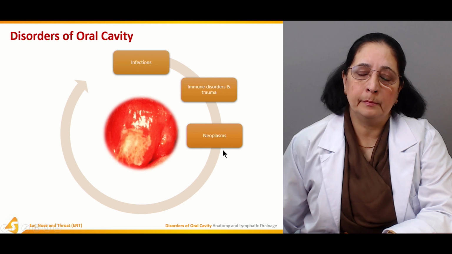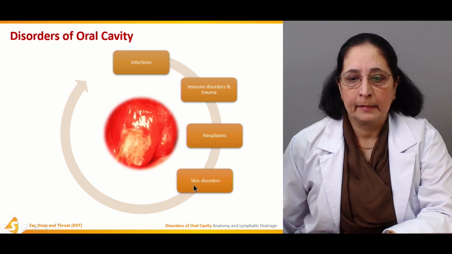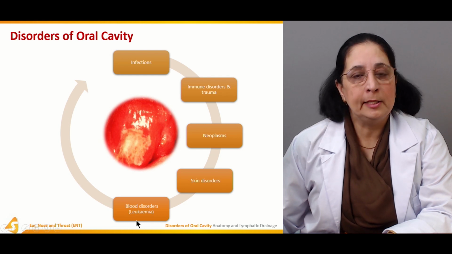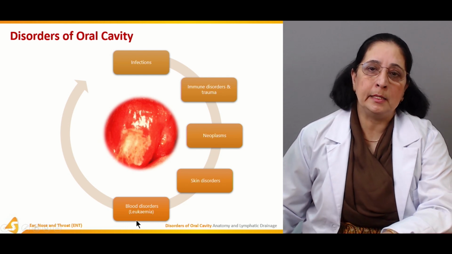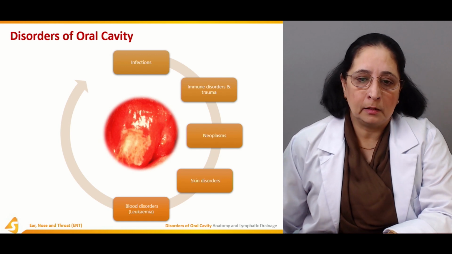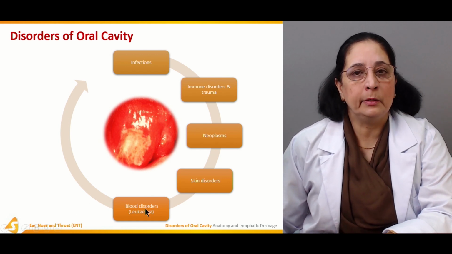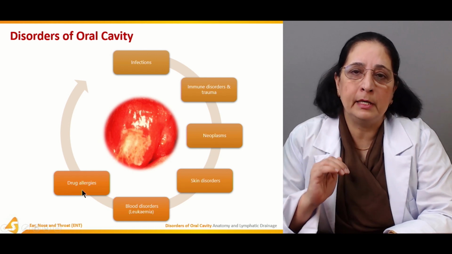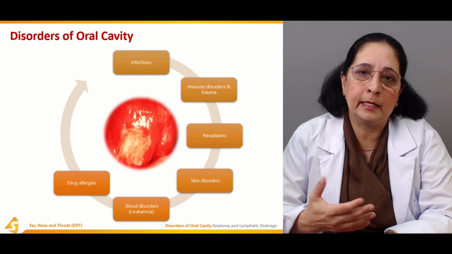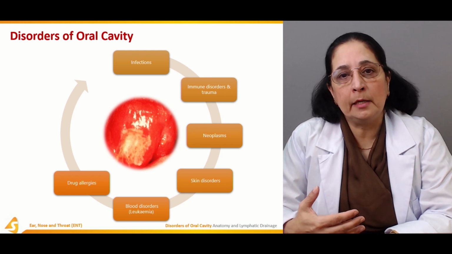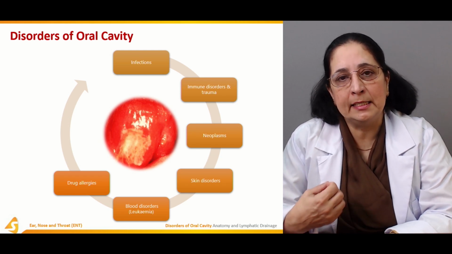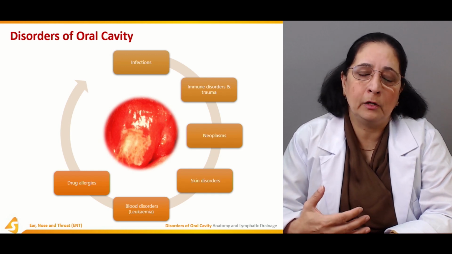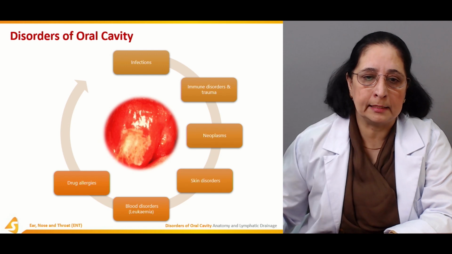Neoplasm of the mouth or oral cavity, skin disorders, blood disorders, leukemias, which are known as blood cancer, also affect the oral cavity. Drug allergies are very common too. People using some antibiotics sometimes develop small ulcers in the oral cavity because of drug allergies.